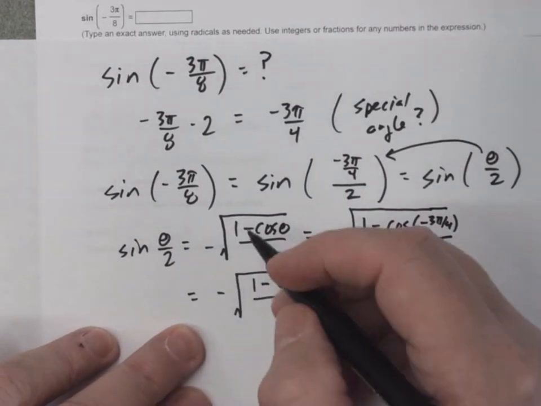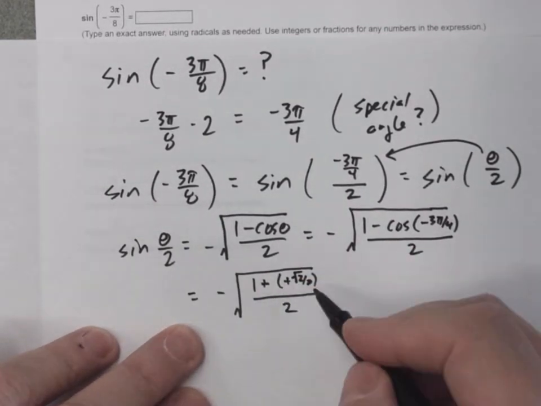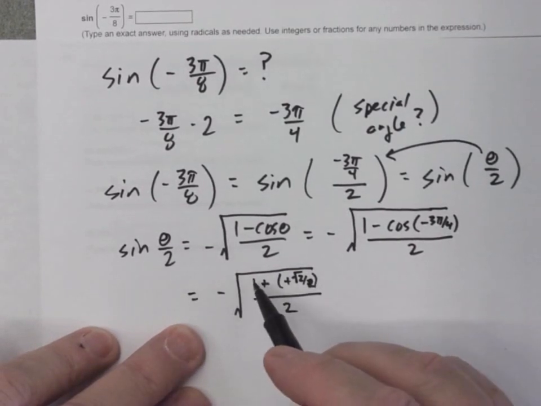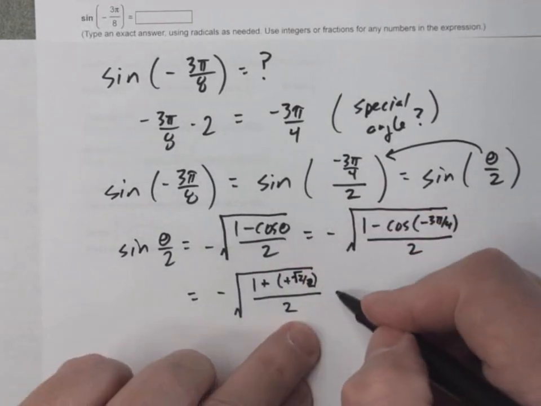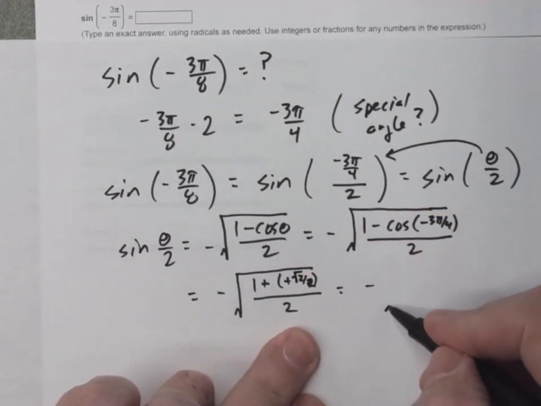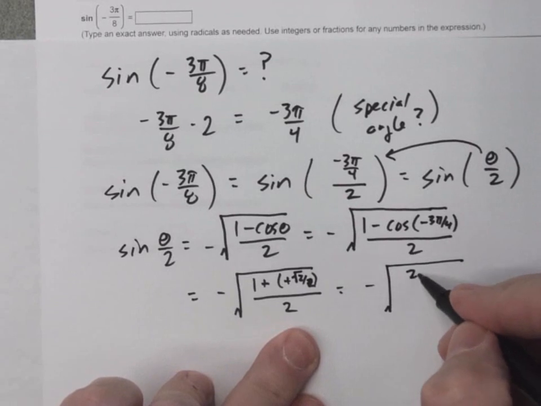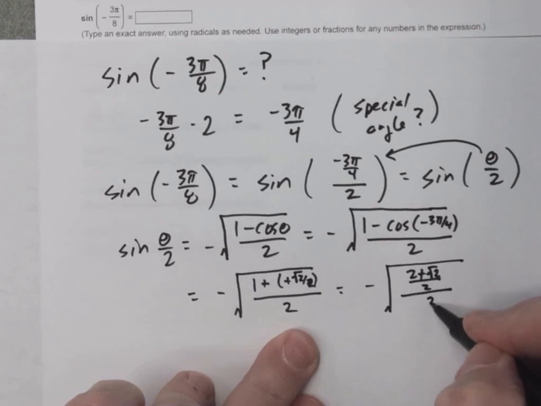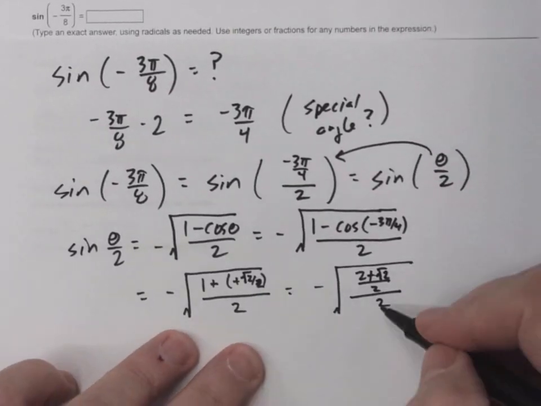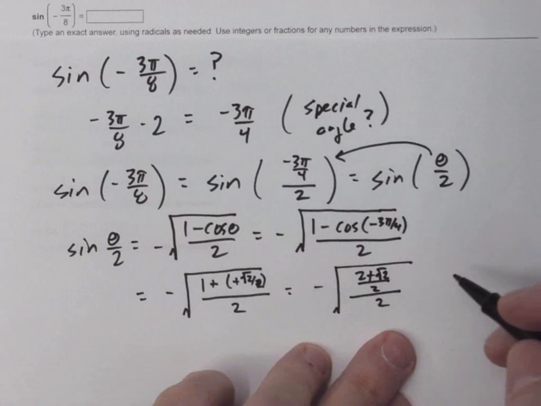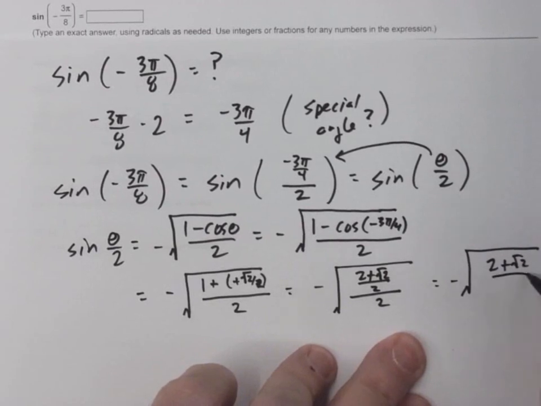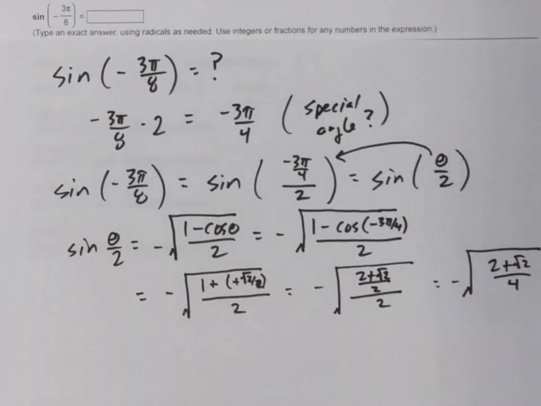When you subtract the negative, it's really adding. Now, if I want to add these together, I convert the 1 into 2 over 2. Then I end up with 2 plus square root of 2 over 2, all over 2. This 2 can be multiplied by this 2.